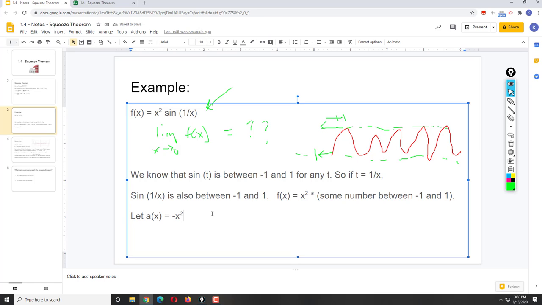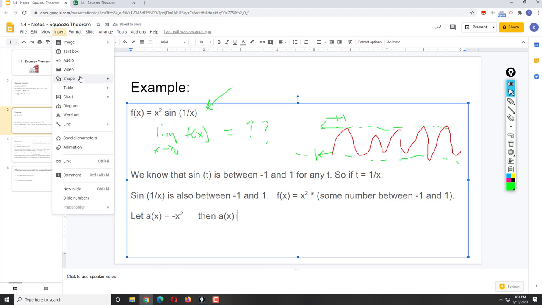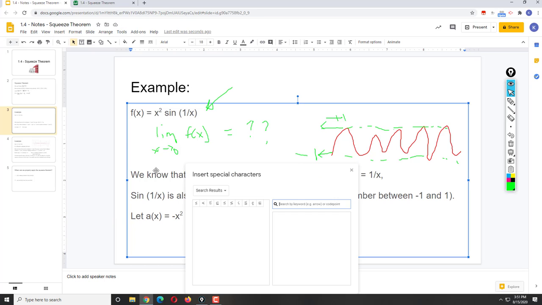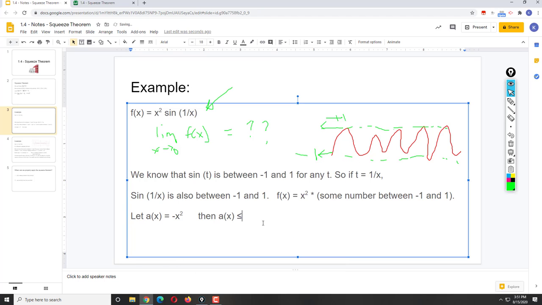Then a of x must be always smaller than or equal to f of x. To type in smaller than or equal to on Google Slides, we can go to Insert, Special Characters, draw it, click on it. So that means that a of x is always less than or equal to f of x, right?